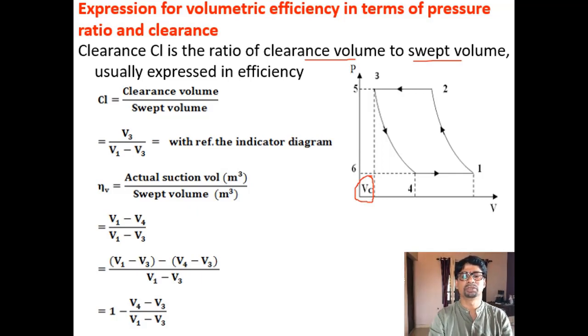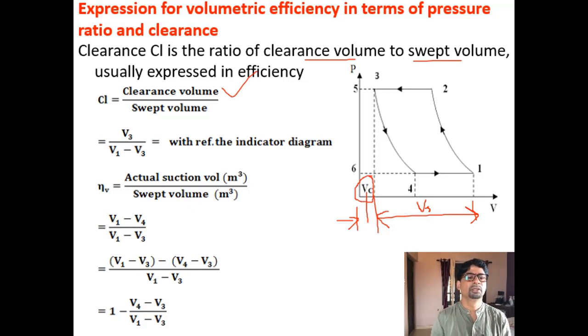So that volume is VC, and the swept volume is from here to here. See, this is the VS from 3 to 1 along 4, and this gap is VC. So this is VC. Okay, it is written here, and here I write Vs, which is the swept volume. So the ratio of clearance volume to swept volume is the clearance, that's all, CL.